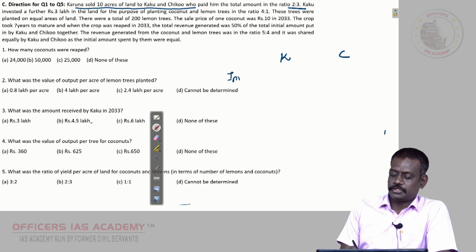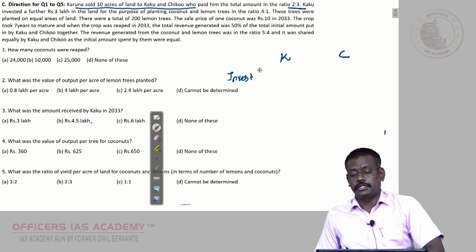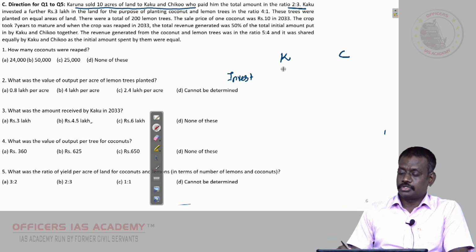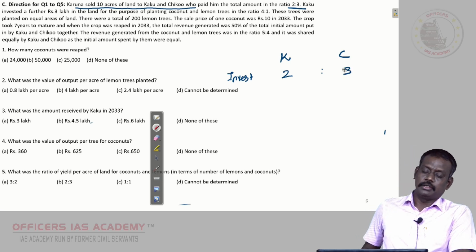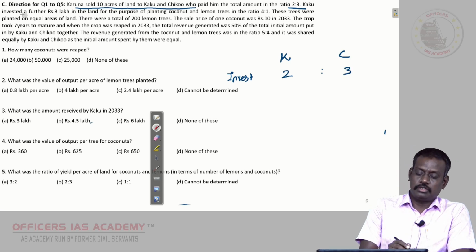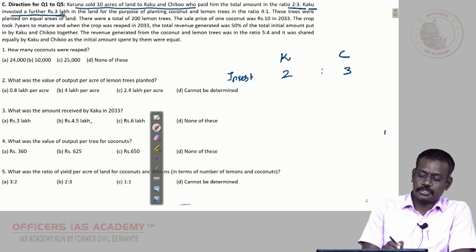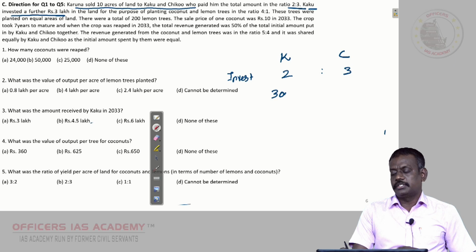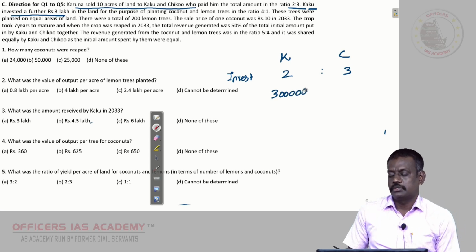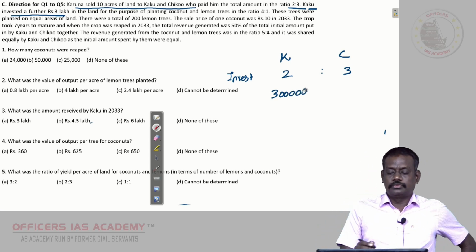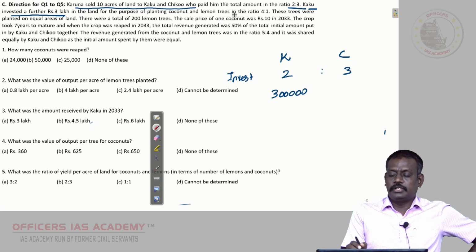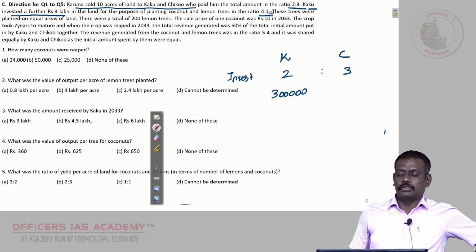Their investment ratio is 2:3. Okay, and next Kaku invested a further 3 lakh rupees. So he is investing another 3 lakh rupees for the purpose of planting coconut and lemon trees in the ratio 4:1.